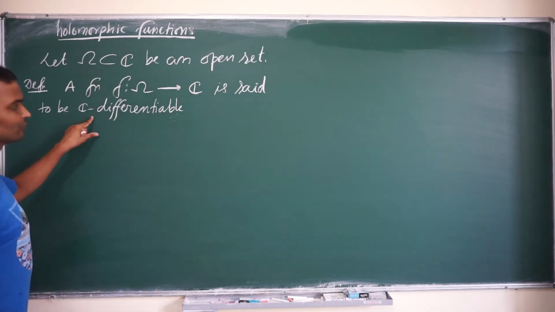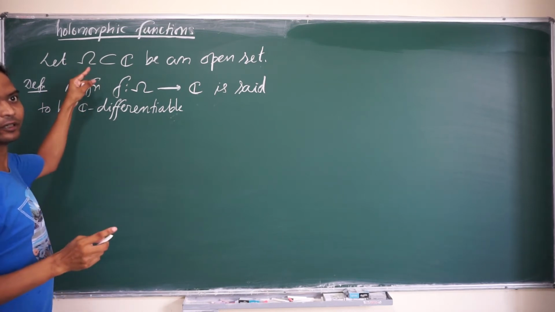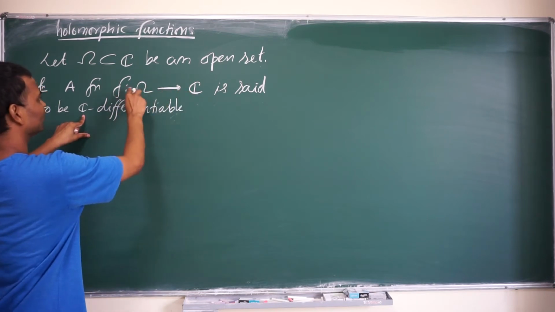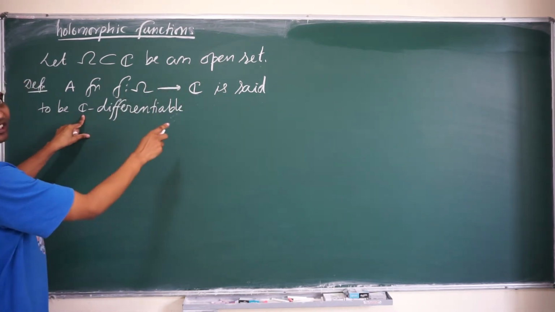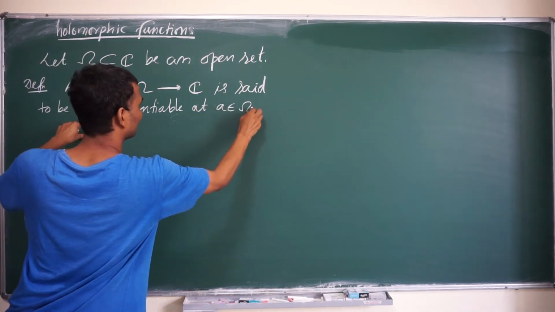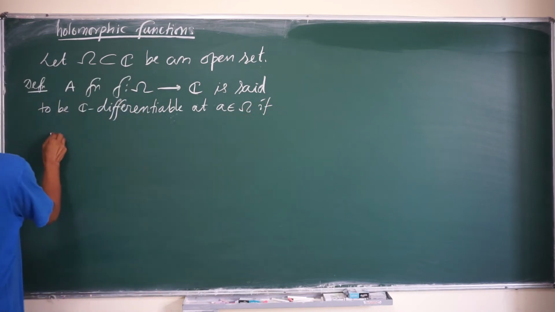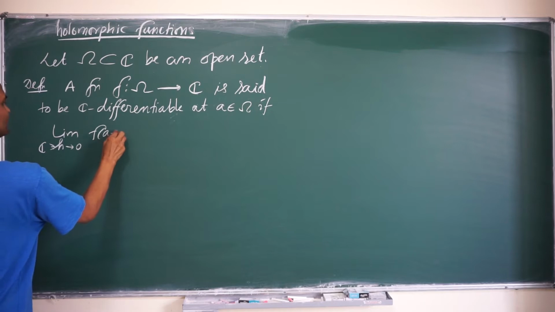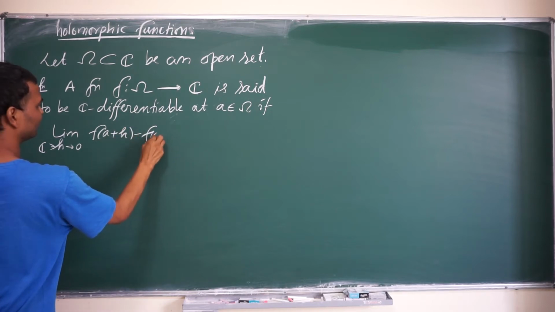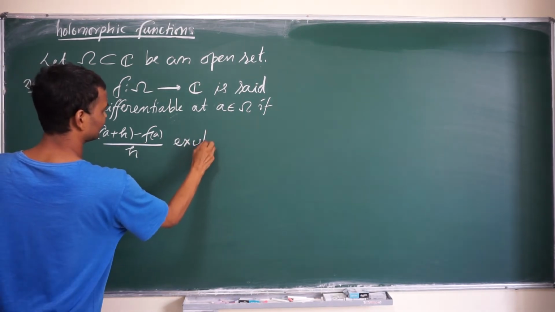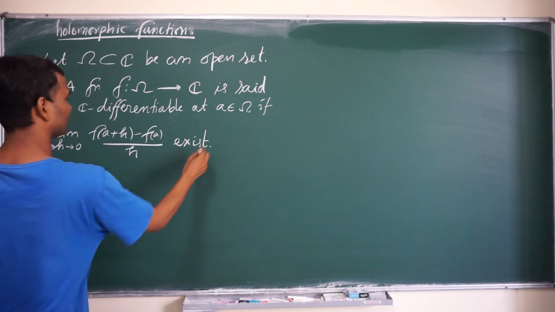We have to define complex differentiable first before going into holomorphic functions. The function f from omega to C is said to be complex differentiable at some point a in omega if the following limit, f of a plus h minus f of a, divided by h, as h tends to 0, exists.